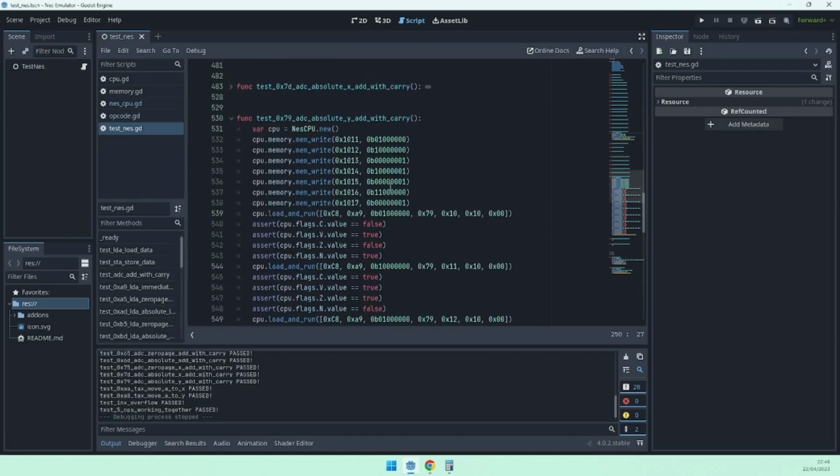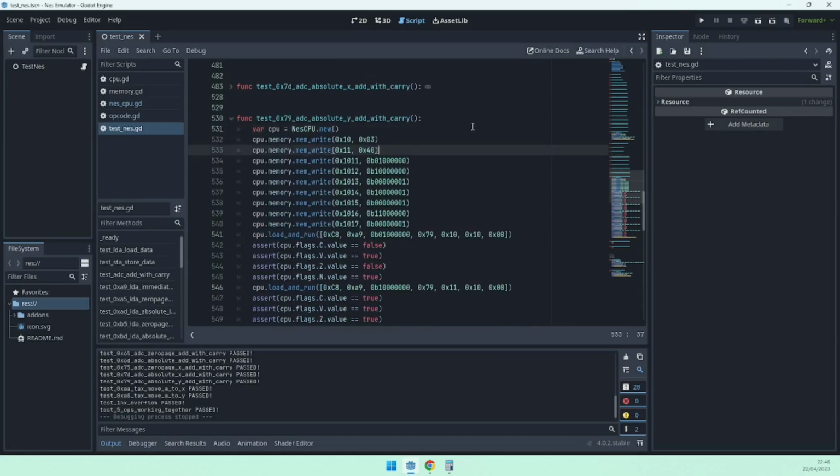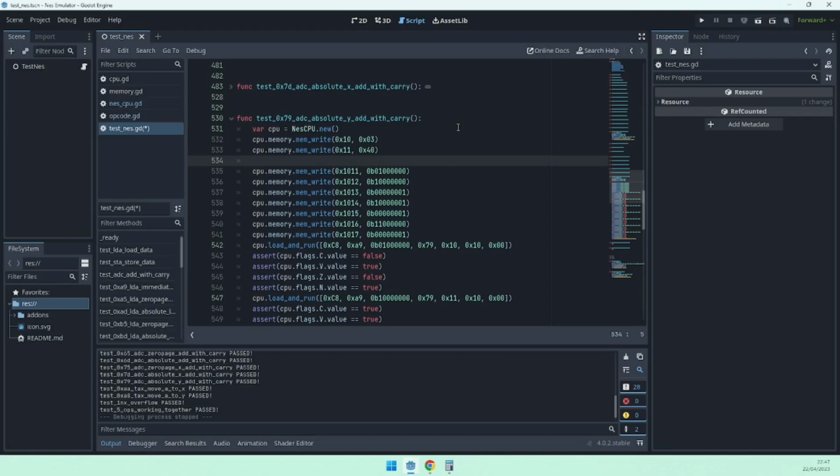Let's copy this. And this is 0x0003, so let's see. For 0x03. Right. Nope. 5. No. 4.